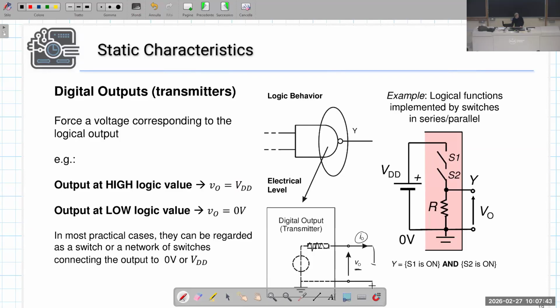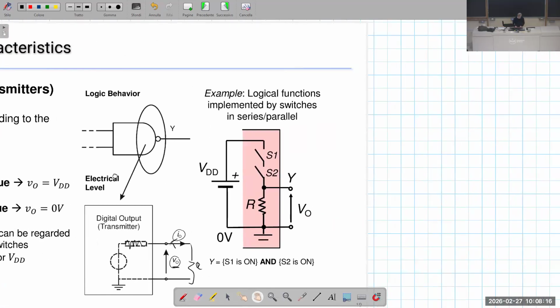So if I connect a resistor here, for instance, I can have some current that is delivered by the digital output at the high state, or maybe no current at the low state. Maybe if this resistor is connected to another potential, we can have a current which is flowing in this direction when the output should be low. Depending on the current which is flowing here, I can have that the output voltage VO is degraded.